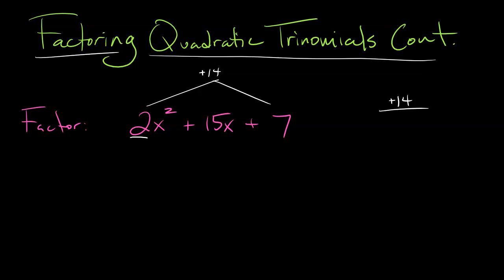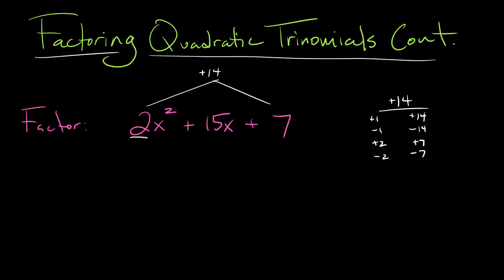So 14 can be 1 and 14, or negative 1 and negative 14. And why don't I just put the plus with it? Let's see, 2 goes into 14, so we could have positive 2 and positive 7, or negative 2 times negative 7 would make 14 as well.